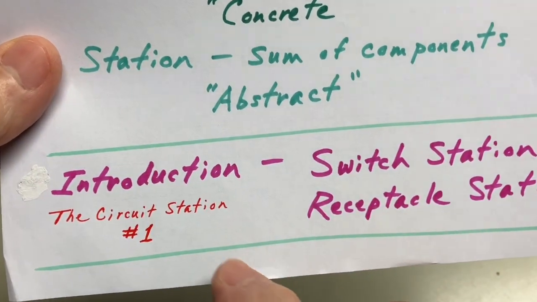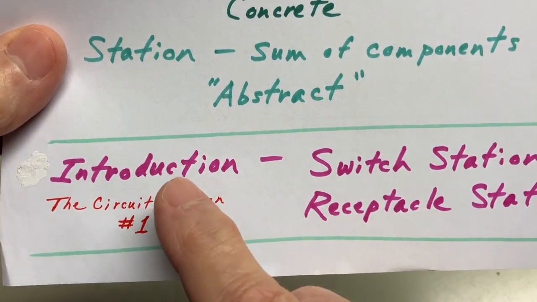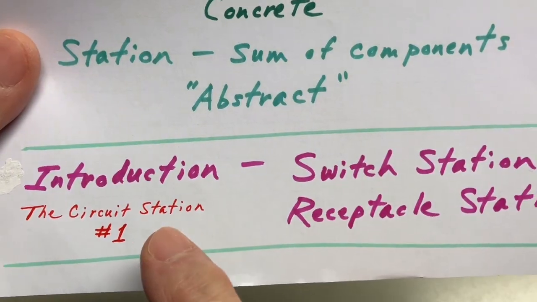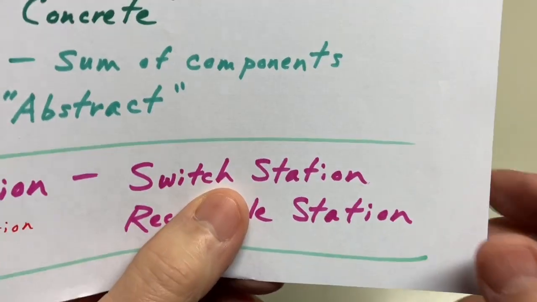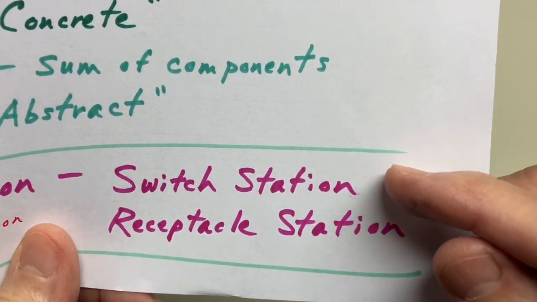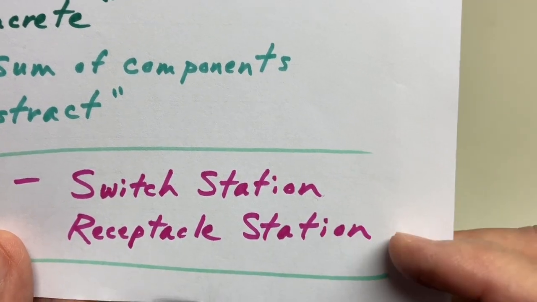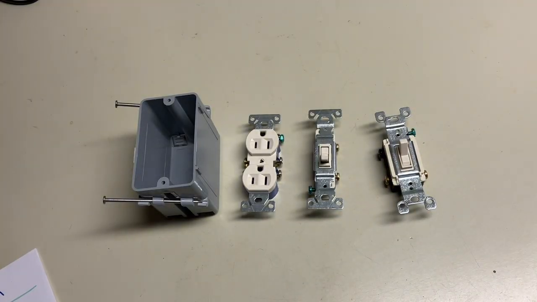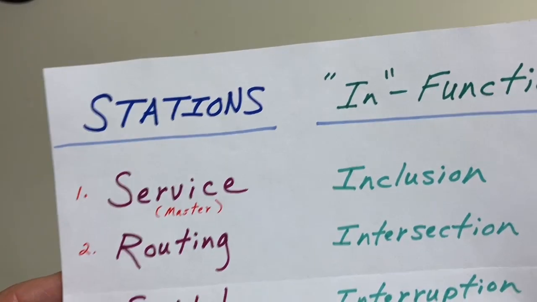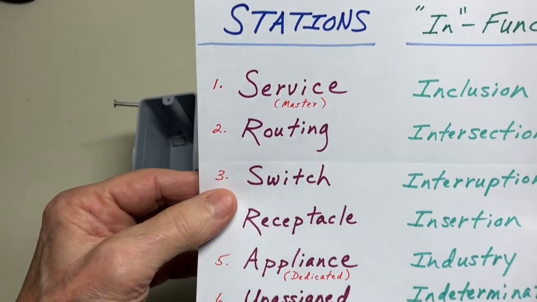So in my first video in this series, Introduction, the circuit station number 1, I talked only about two stations, the switch station and the receptacle station. That's the only two stations that I covered. Now, there are in total, in my way of thinking, 6 stations.